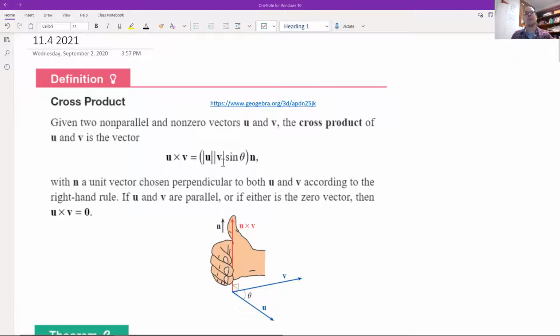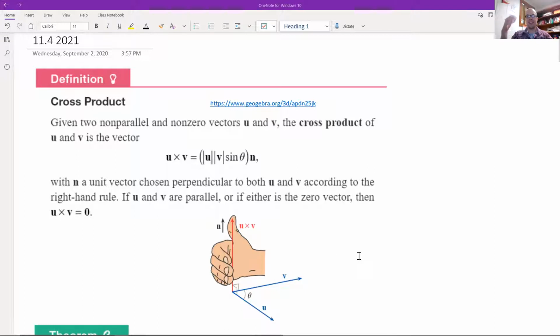And then all of that is functioning as kind of a weight on the normal vector to u and v that is perpendicular to both u and v at the same time, but is heading up according to the right-hand rule.